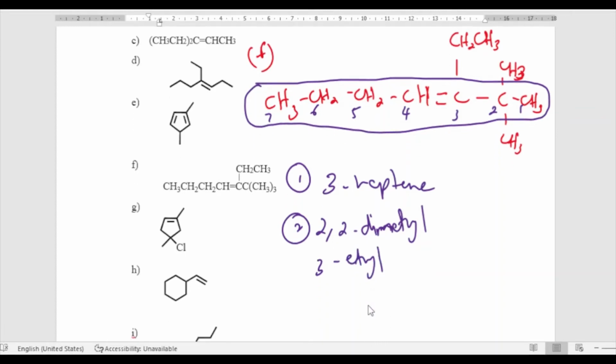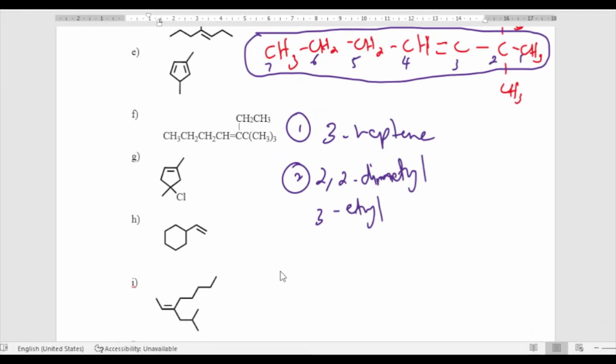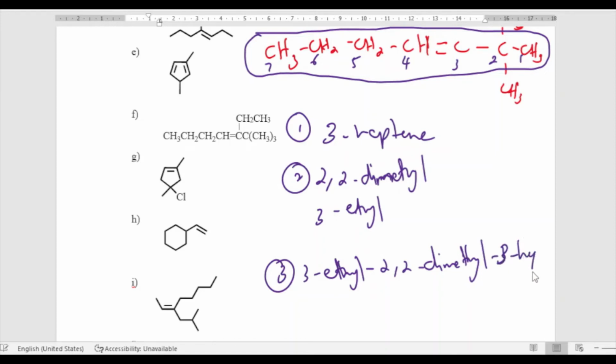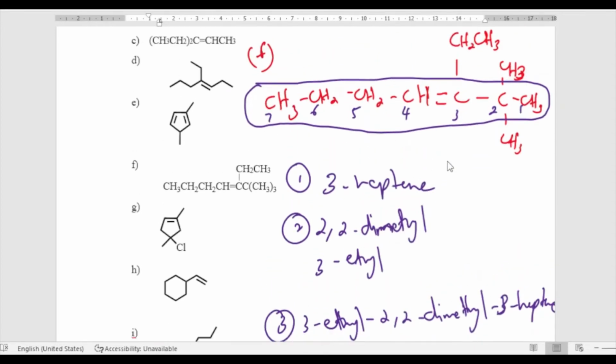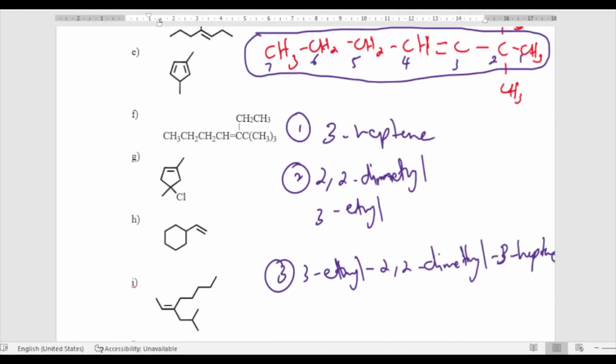So the name will be 3-ethyl first, 3-ethyl, 2,2-dimethyl, 3-heptene. Okay, heptene, double bond. So that is the name for this one.